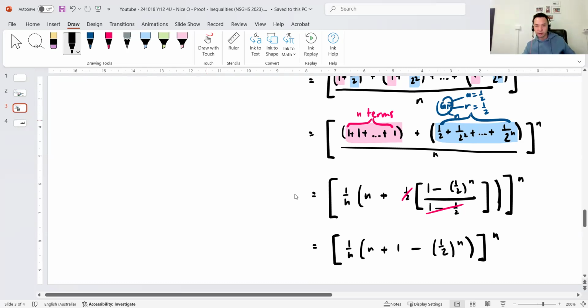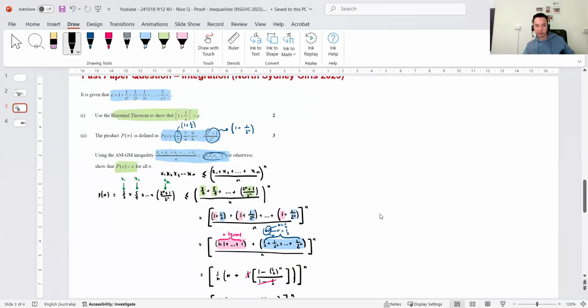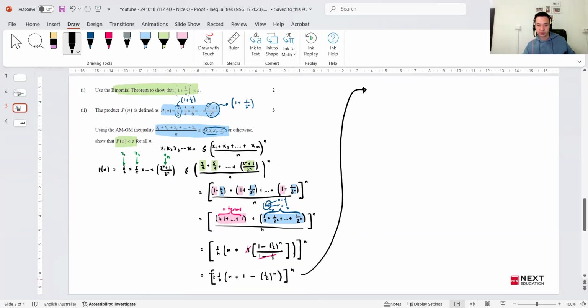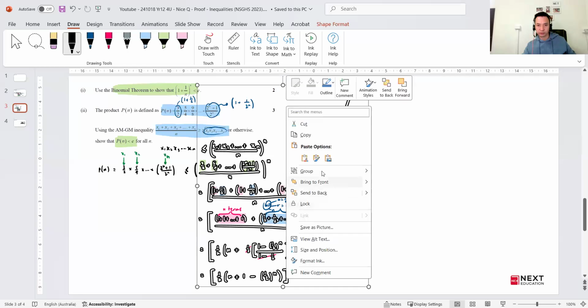Now how much space do I have? Not much. Can I just go up here, guys? So let me just copy this, just so I can visually see it. Oh, it's all grouped.